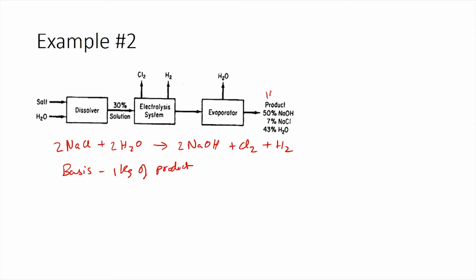So, this means you have 0.5 kilogram of NaOH, 0.07 kilograms of NaCl and 0.43 kilograms of H2O in the product stream.